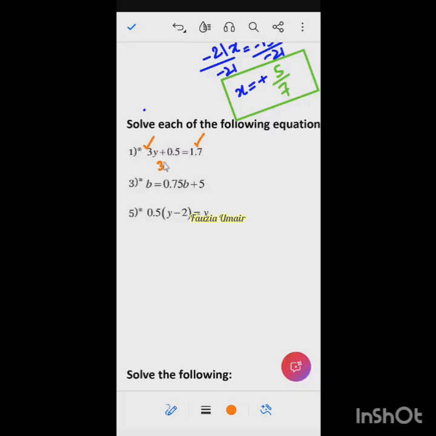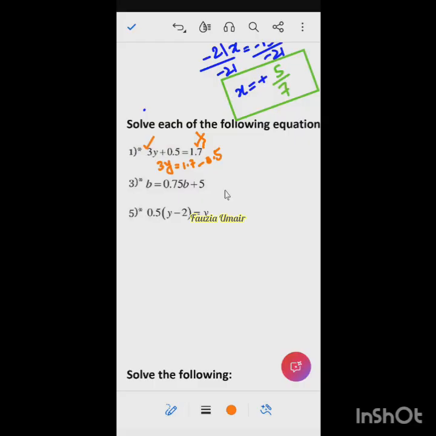So if I take this plus 0.5 to the other side of the equation, it will be minus 0.5.